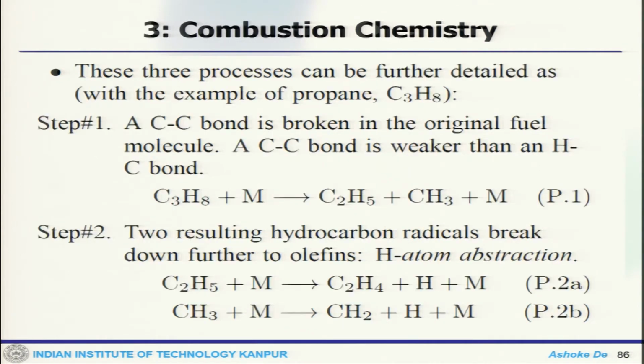As we said, n has to be greater than 2, so the simple one we can take is propane, C3H8. With propane, in the first step, the C-C bond in the original fuel molecule is broken. So C3H8 would be broken into C2H5, CH3 and M. That is your step number 1, where the fuel is attacked.